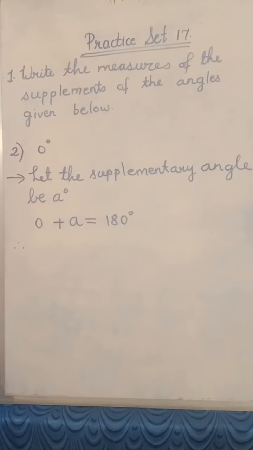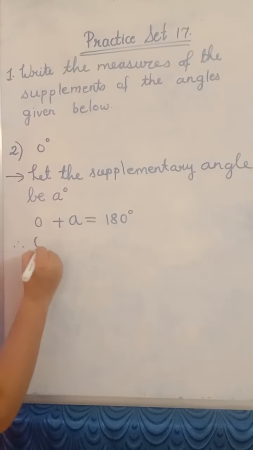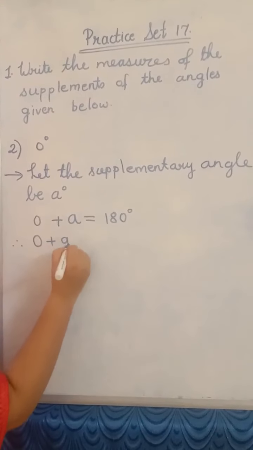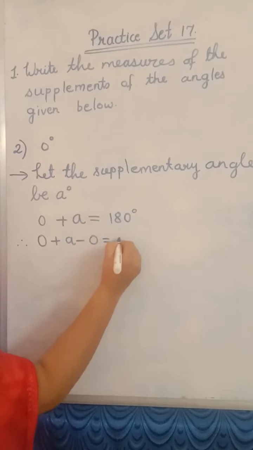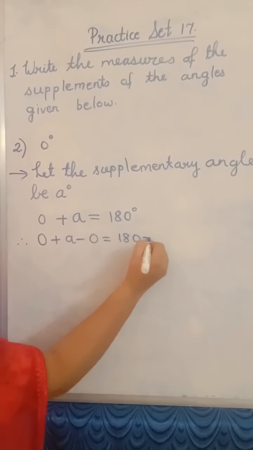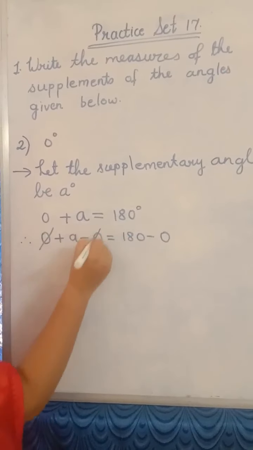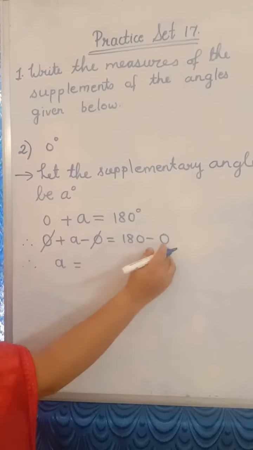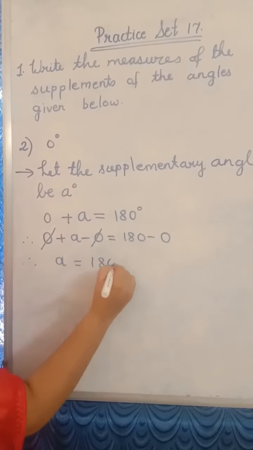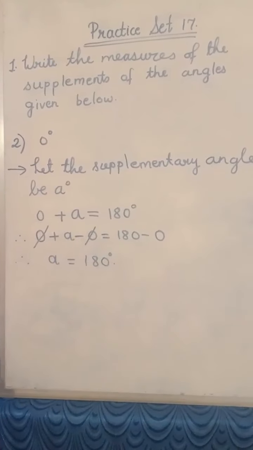We will subtract 0 on both sides. 0 plus A minus 0 is equal to 180 minus 0. 0 and 0 will go. Therefore A is equal to 180 minus 0, which is nothing but 180 degrees.